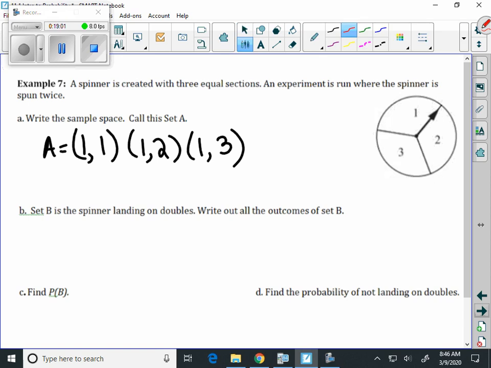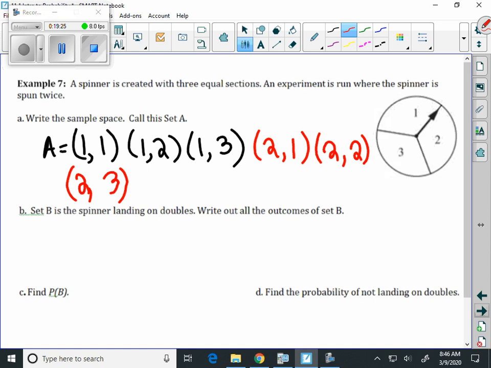The process continues. We could first time get a 2, the first spin, the second spin get a 1. We could get a 2 on the first spin, and we could get a 2 on the second spin. We could get a 2 on the first spin and a 3 on the second spin.